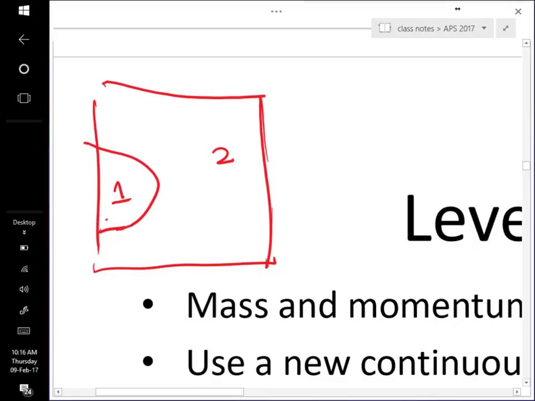And so we want to evaluate their dynamics. One example of this would be a bubble. So fluid 1 could be lower density than fluid 2. And so we're going to have to track the interface between these two fluids.